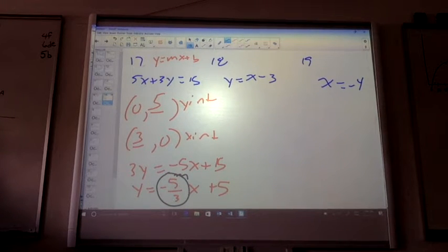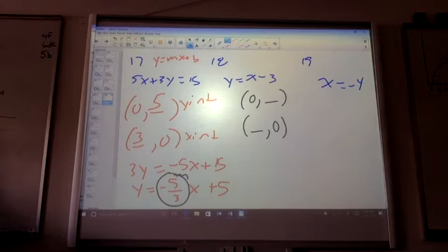Alright, so this one, in order to find the x and the y-intercept, it's a little different. It's not set up in the cover method fashion. But what value is this? Is this x or y? X. So if I plug 0 in here, what does y have to equal then?